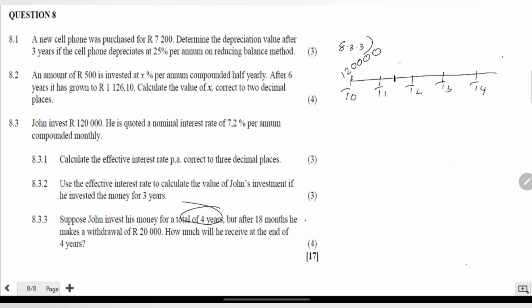He made a 20,000 withdrawal, that is minus 20,000. That's it. And everywhere the same interest rate. What is that interest rate? 7.2%, isn't it? 7.2%, not the effective one, monthly. So this is the whole story.